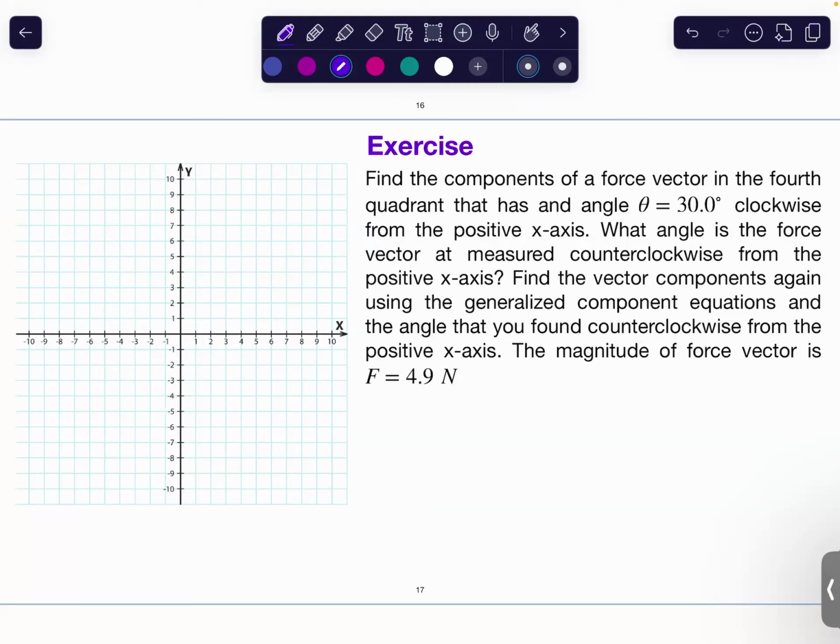Trying to find the y-axis to make this force. So 270 plus 5. How much force do we need to apply to the fixed axis? So they give us the force of 1.9.